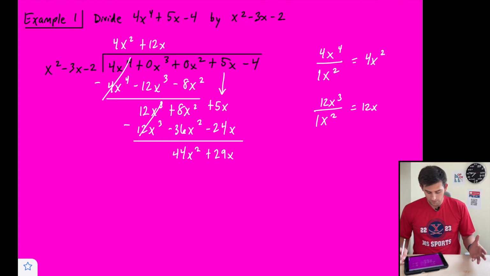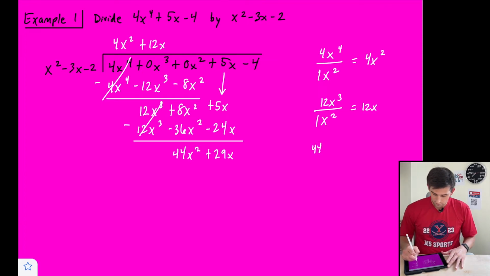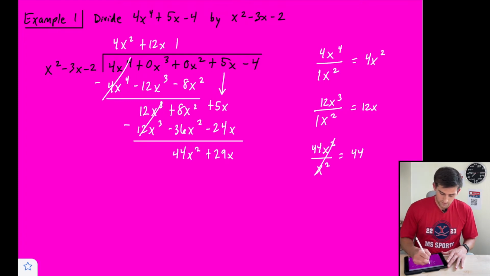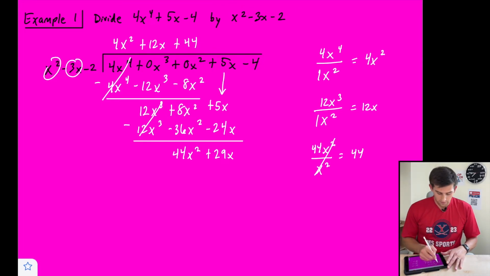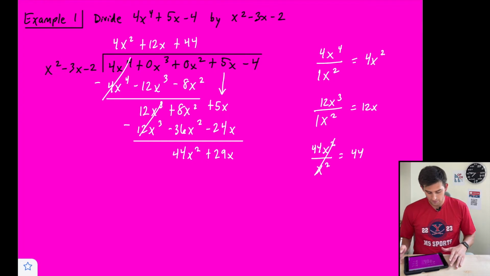Now we're going to do the same thing again. With 44x squared, how many times will x squared go into that? We could do 44x squared divided by x squared. The x squareds cancel out and we just get 44. So we can write plus 44 right here. Once again, we multiply 44 by all 3 of our terms on the outside of our division.